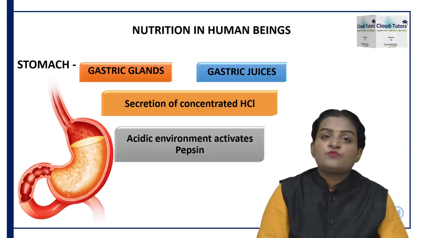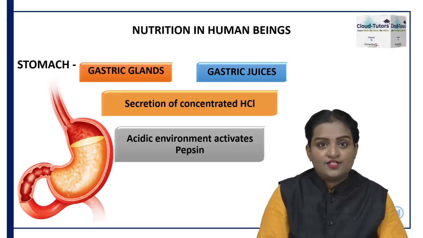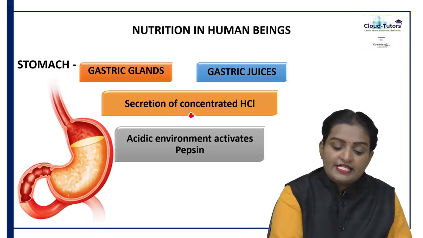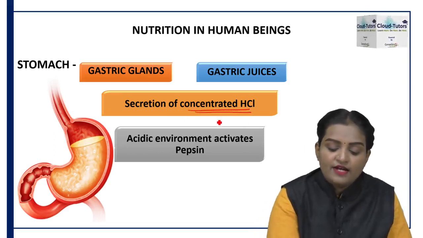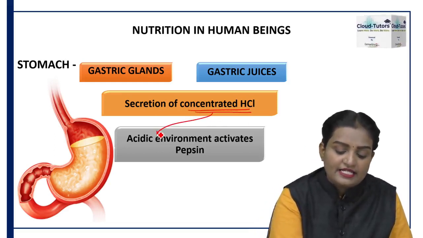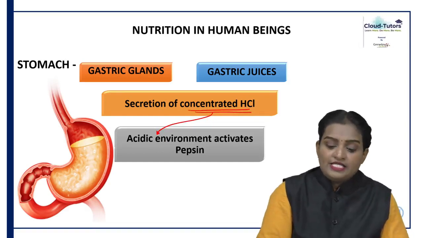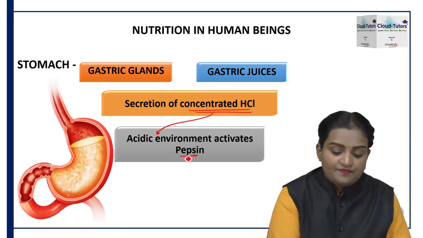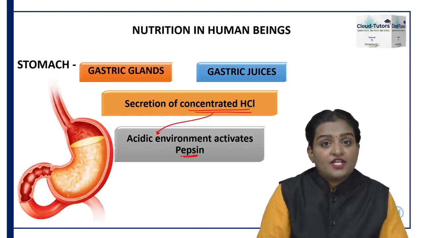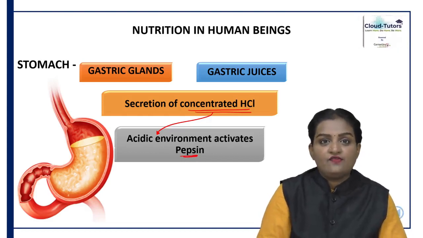So to protect that, we have another secretions called mucus. Why is this concentrated HCl required? Because it maintains acidic environment, plus it activates pepsin. For activation of pepsin, we need HCl, which can make the environment acidic.